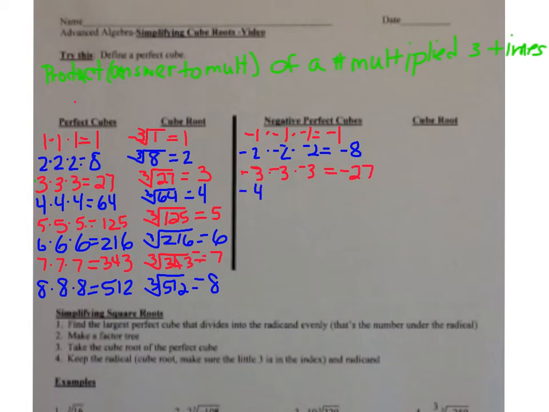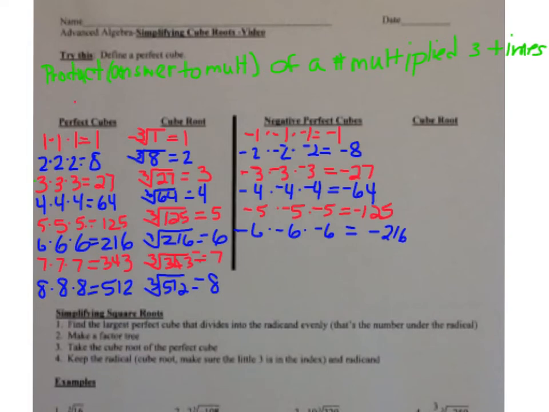Negative 4 times negative 4 times negative 4 is negative 64. Negative 5 times negative 5 times negative 5 is negative 125. Negative 6 times negative 6 times negative 6 is negative 216. So you can see that the perfect cubes with negatives are the same numbers as the ones over here, but they're just negative. So then the next one would be negative 343. And then the next one after that would be negative 512.